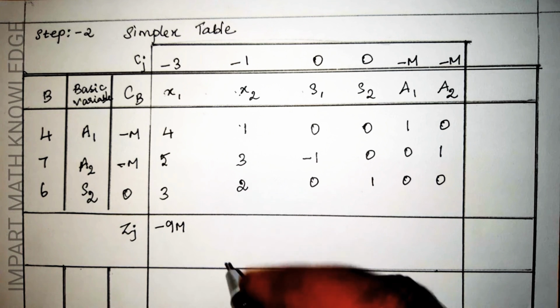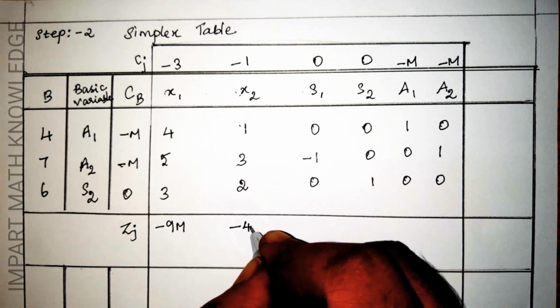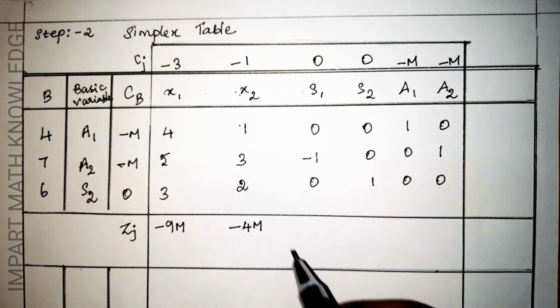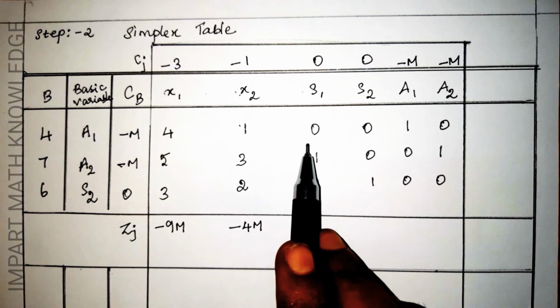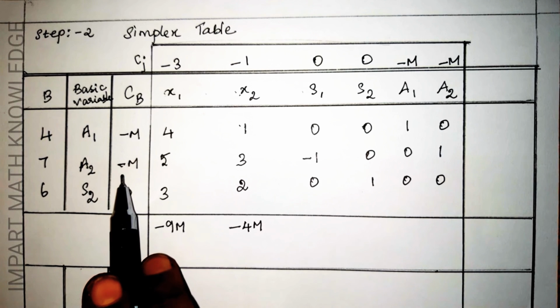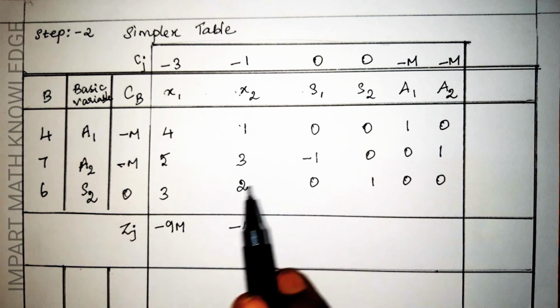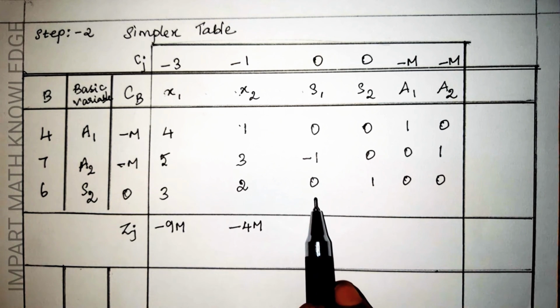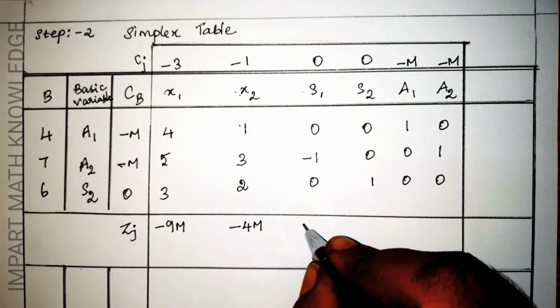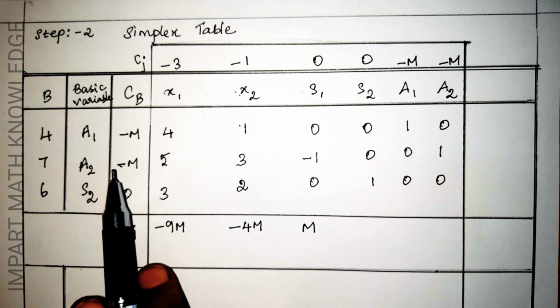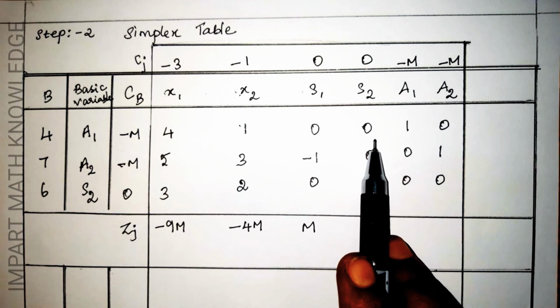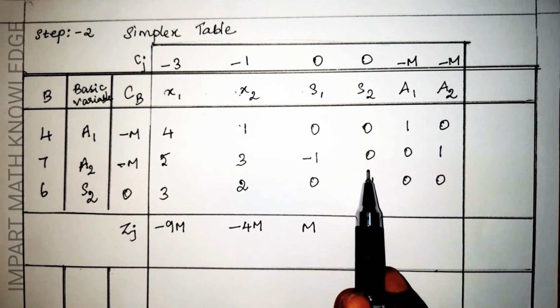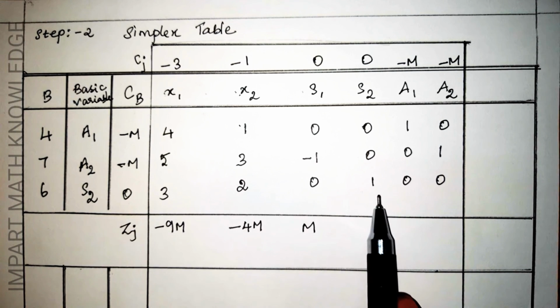The value is -4m. The next one is -m into 0 plus -m into -1 plus 0 into 0. So the value is m. The next column is -m into 0 plus -m into 0 plus 0 into 1.